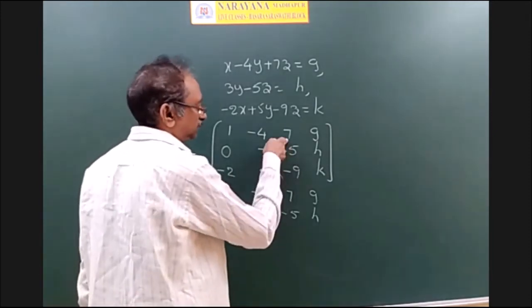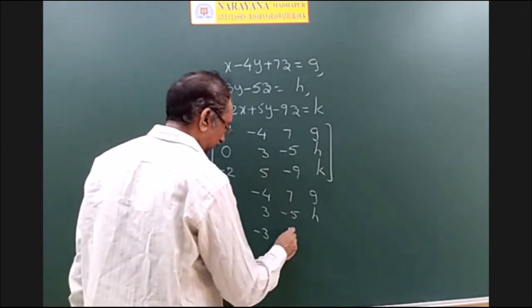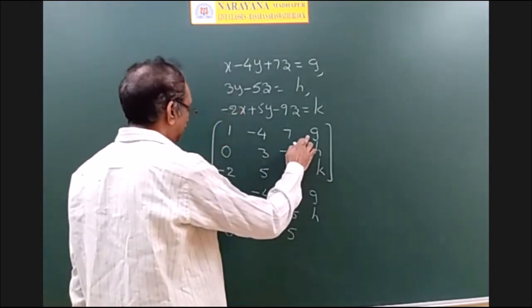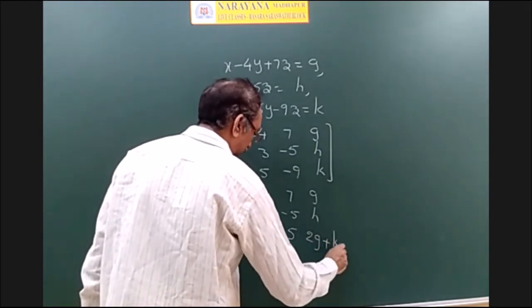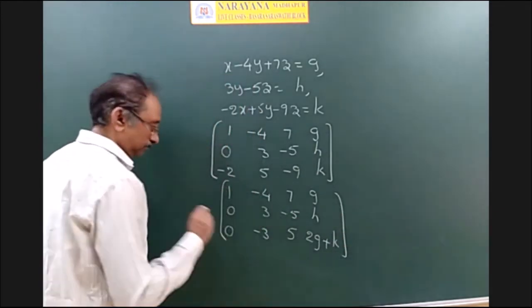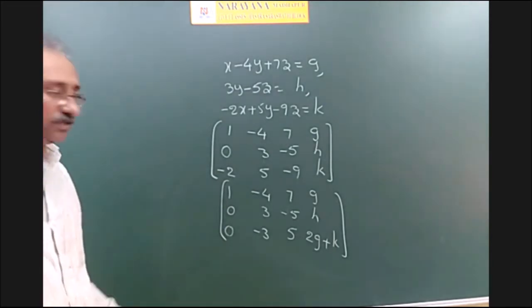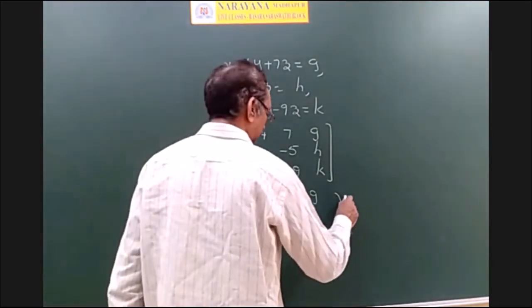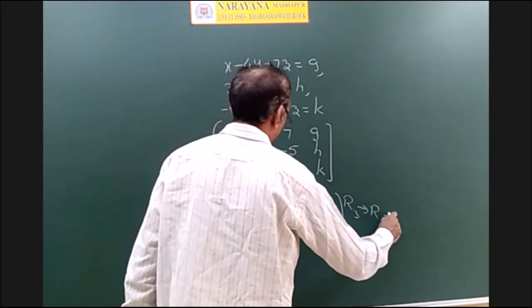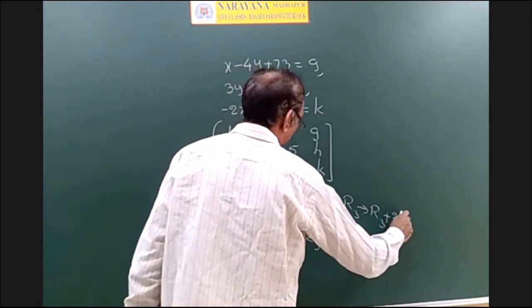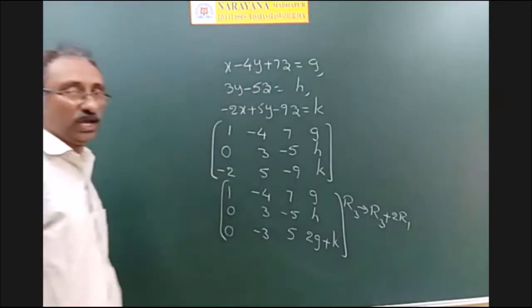Multiply this with 2, 14 minus 9, that is 5. Multiply this with 2, 2G plus K. So what is the operation we have applied? R3 plus 2R1. That is the operation we have applied.